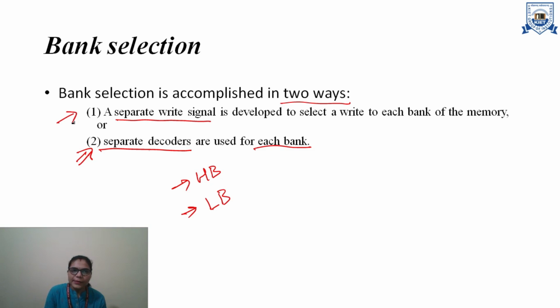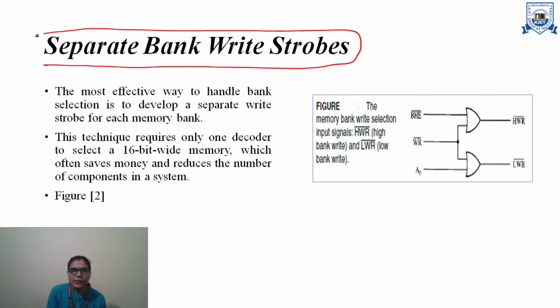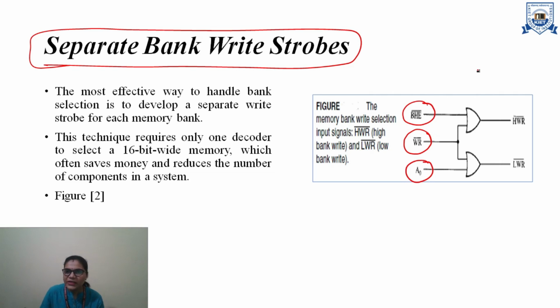In the first method, a write signal will be combined with BHE bar and A0 to select the bank. Here we have a separate bank write strobe. In the first method, the write signal will be combined with BHE bar and A0 bar with the help of OR gates to generate high write bar and low write bar.